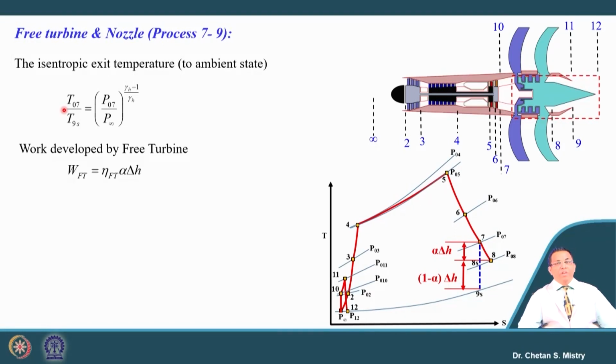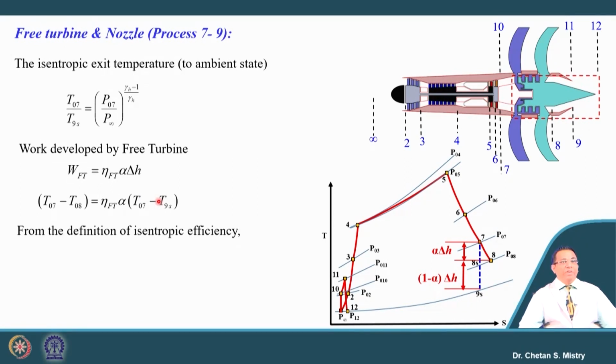Now, what we have is information about the work developed by the free turbine, which we correlate as efficiency of the free turbine into alpha into delta H. This delta H we write as T07 minus T9S, and if we have this information, from that we can calculate the efficiency point. This efficiency helps us to locate point 8 and point 8S. So, based on this we can calculate my point 8S.